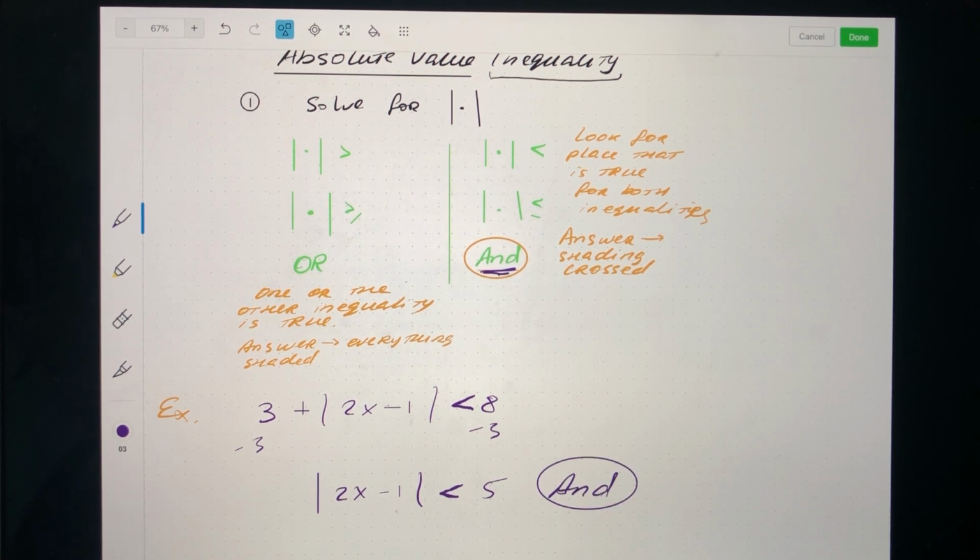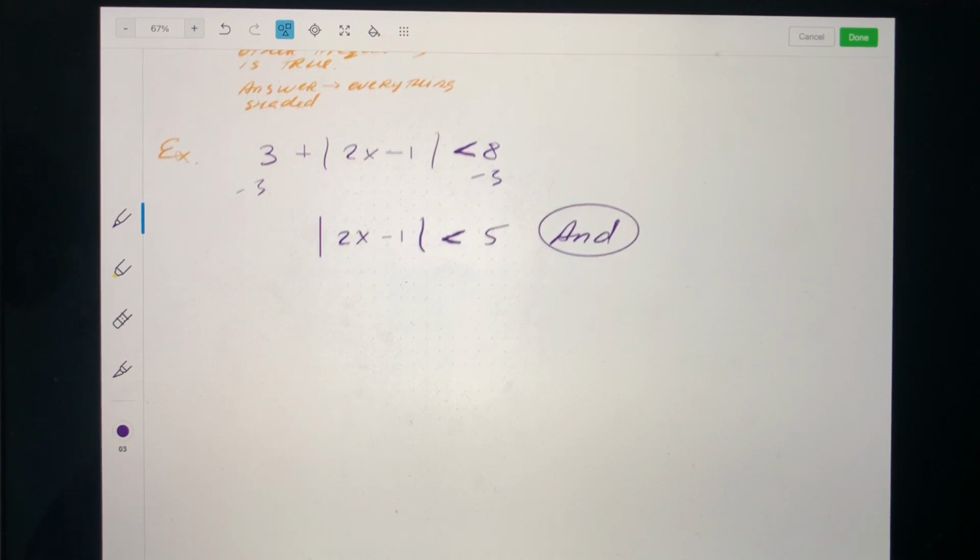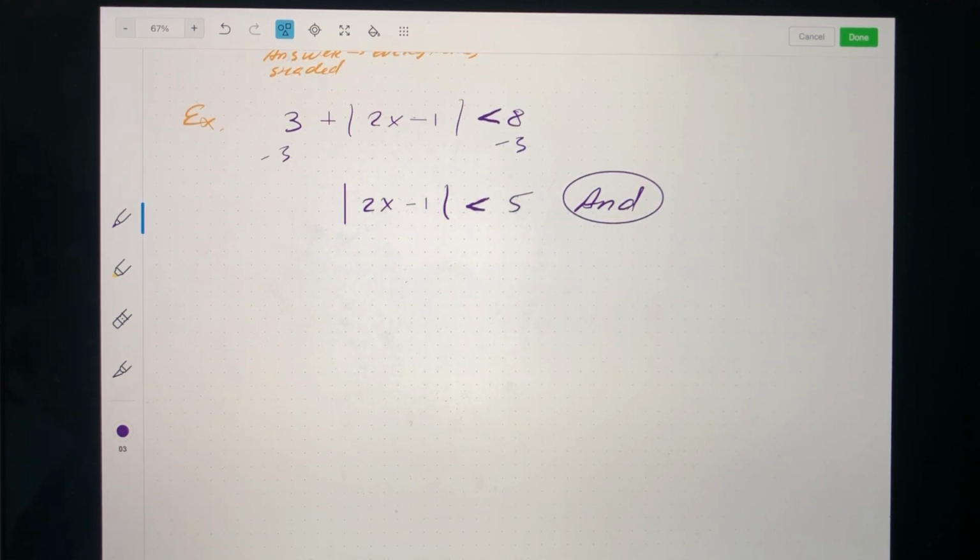Once we have noticed it, we are going to split our inequality into two different parts. The first is exactly the same as what we see, but without the absolute value symbol. So 2x minus 1 less than 5.